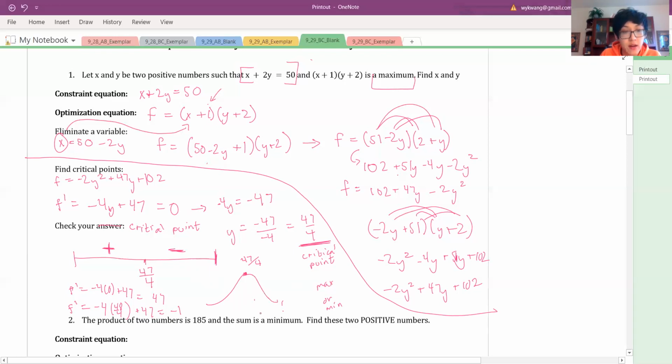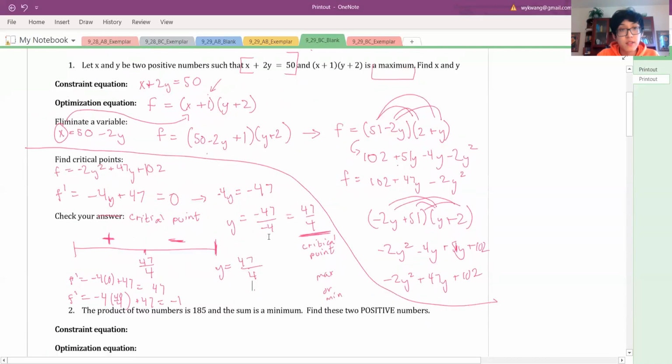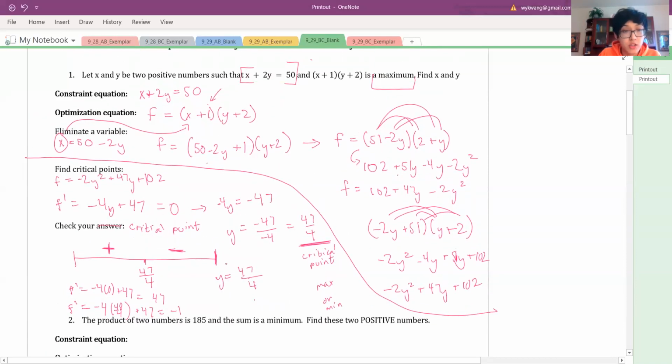So now we know that the maximum of our equation is at y equals 47 over 4. Now our final step is to plug it into our constraining equation, right? We're told that x plus 2y is equal to 50.